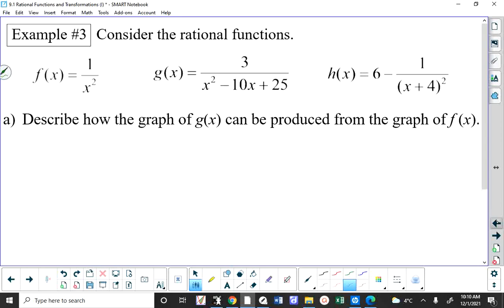Do you have it, Evan? Okay. You have it? The idea here is that, Evan, you want to volunteer what your thoughts are? Sure, you're looking for g of x, right? Yes.